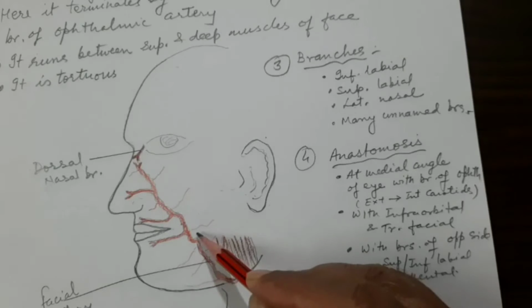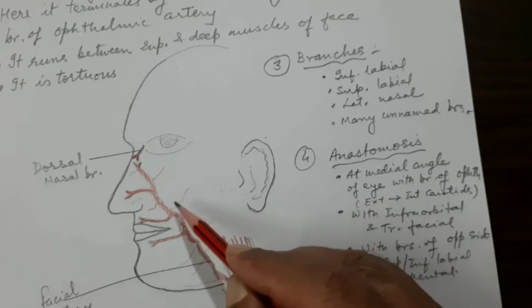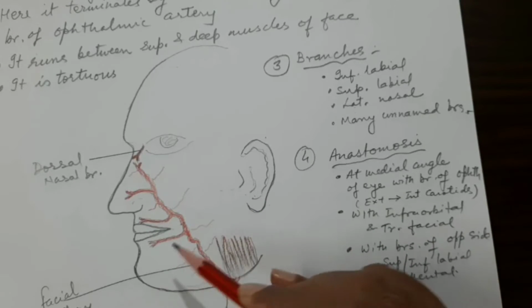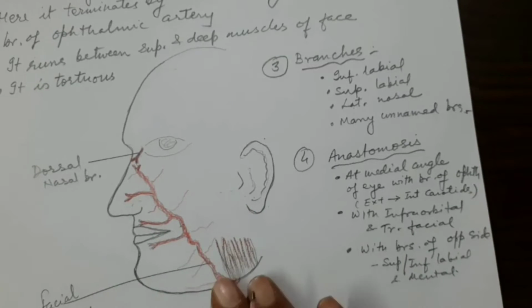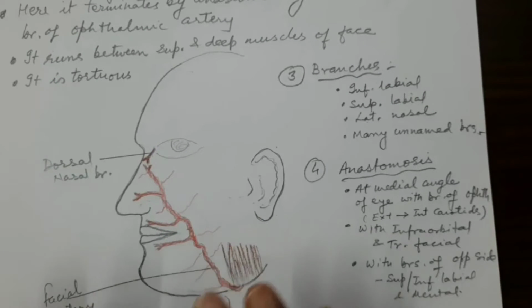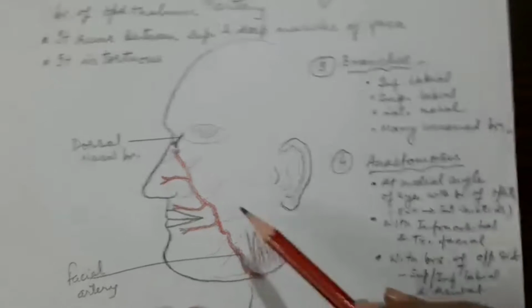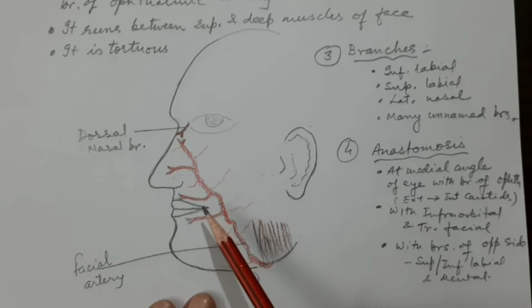You can see thin branches running to the posterior side from their origin, and also running towards the anterior side, and there is no name given because they are multiple and they don't take origin from a very specific point. But three branches are very constant and quite big, prominent branches.